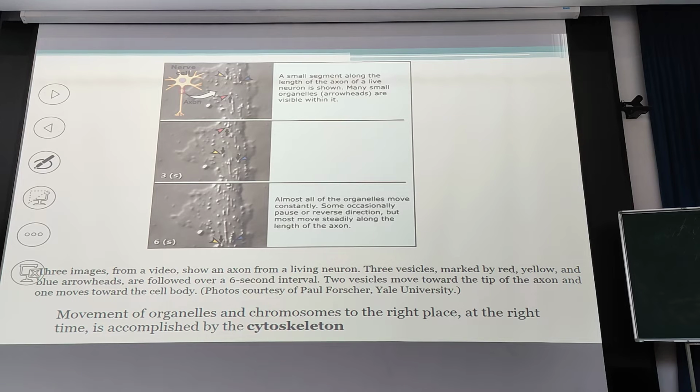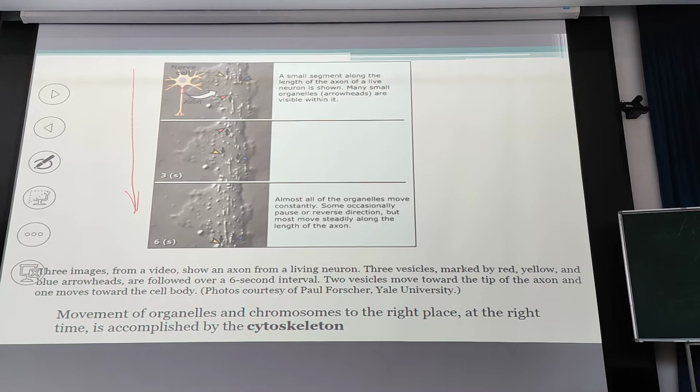And another example is the activity of nerve cells. These three pictures are cut from a video of the axon of a living neuron. You can see three vesicles marked by red, blue, and yellow. In 6 seconds, they move.